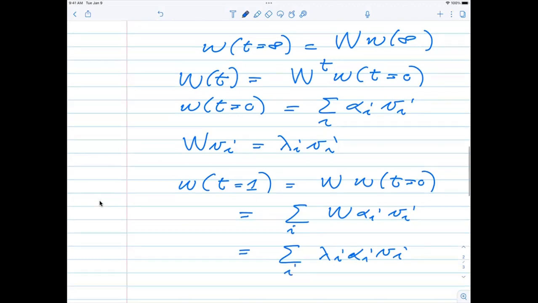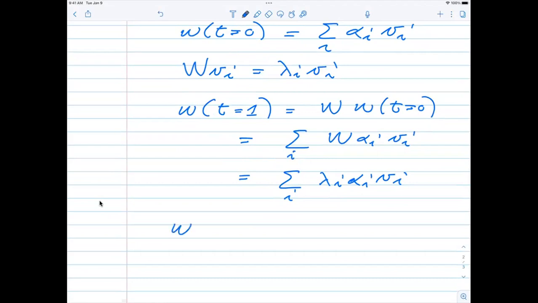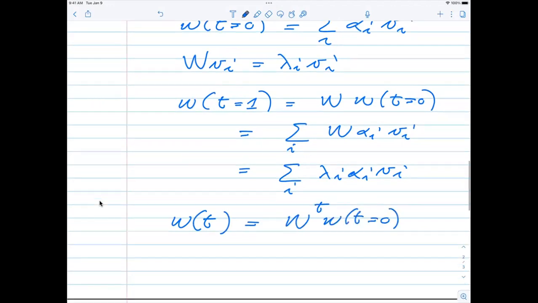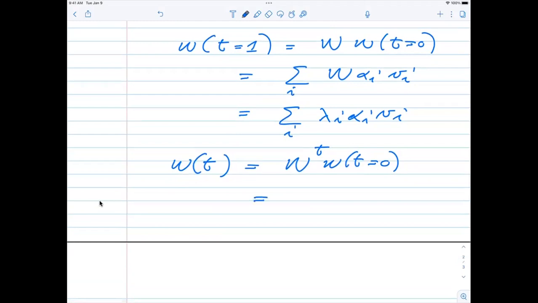And if you apply this t times, what happens is that w(t) is equal to W to the power t multiplied with the initial state, which we prepare the system in. And this is going to be equal to the sum of lambda_i to the power t, multiplied with this coefficient alpha_i of v_i.